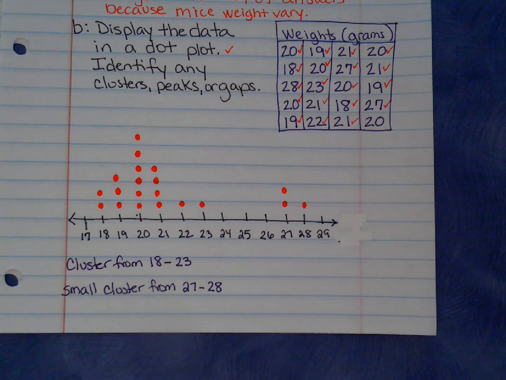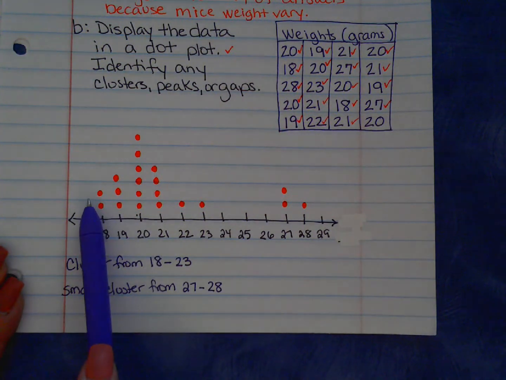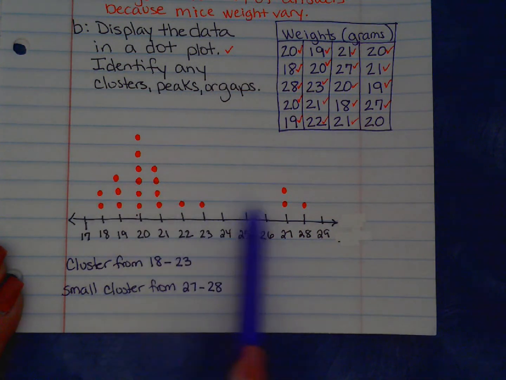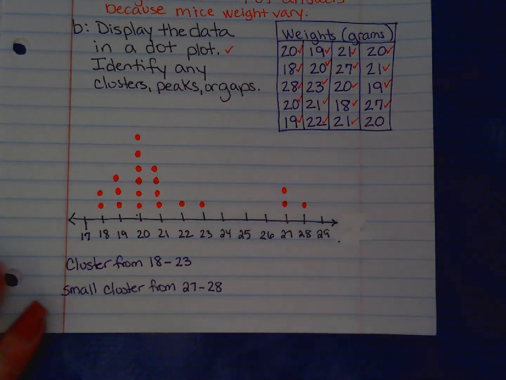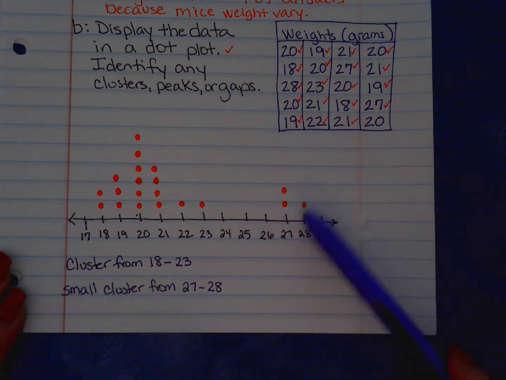All right, so we've looked for clusters and we've identified them. The next one is a peak. When you think about a peak, you think about mountains, a mountain peak, the top of the mountain. Do you see a peak? Is there an identifiable peak? If you did not see a peak, all the dots would be mostly even. You wouldn't see an up and a down going on, okay? So I wouldn't consider this a peak.